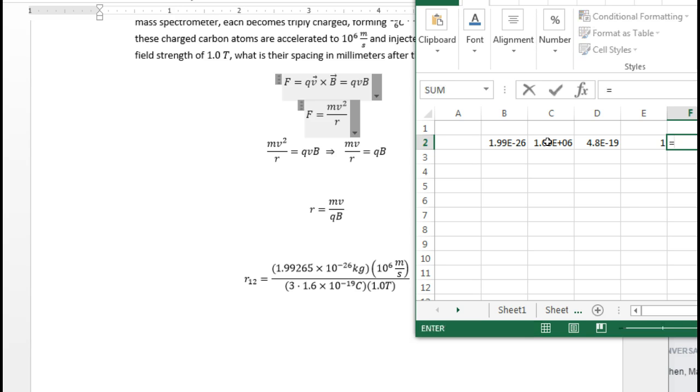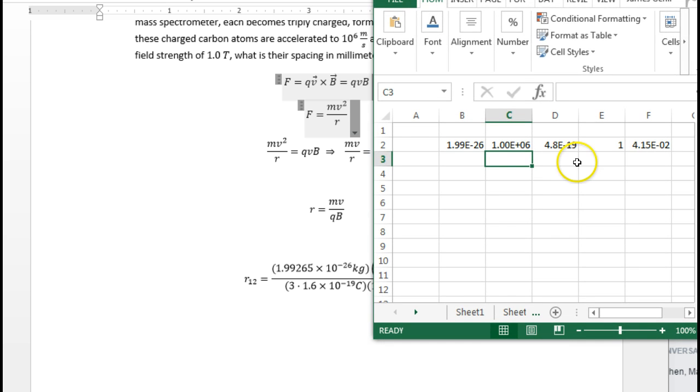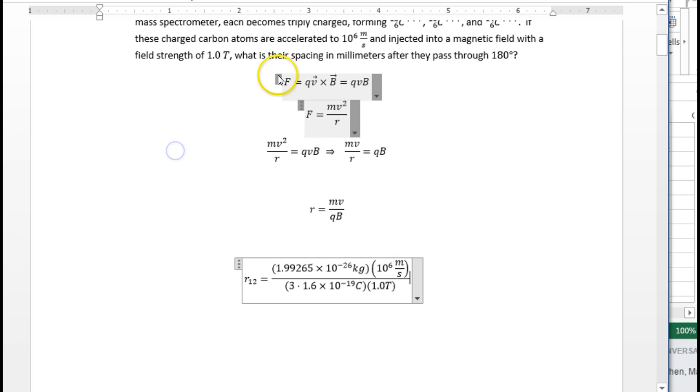So the radius of curvature for carbon 12 is its mass times its velocity divided by the charge divided by the magnetic field. Let me move that over into view.